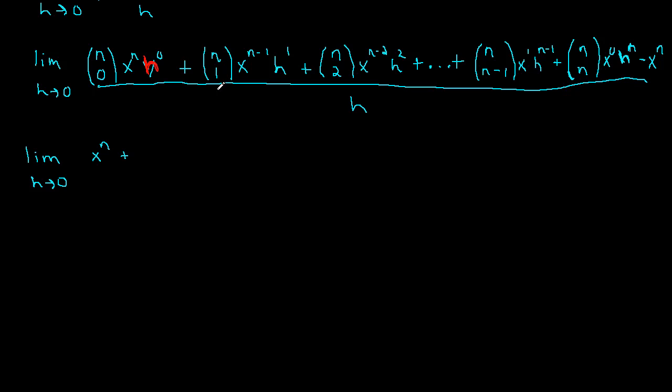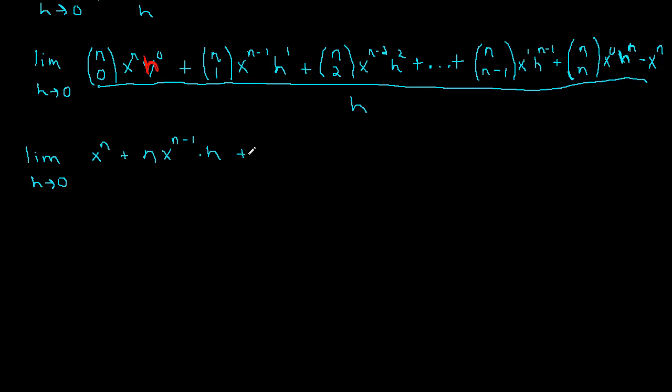N choose 1. What is n choose 1? Well, again, this won't make sense if you didn't see the last video, but if I have n marbles in a bag and I only want to choose one of them, how many different ways can that happen? Well, that's going to happen n number of ways. And then that's going to be multiplied by x to the n minus 1 times h.